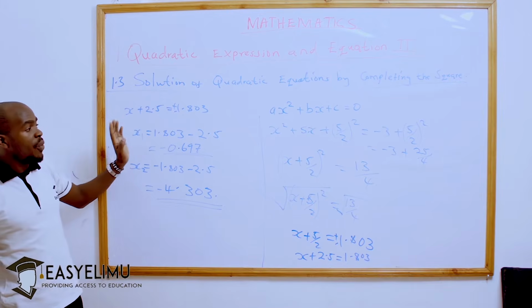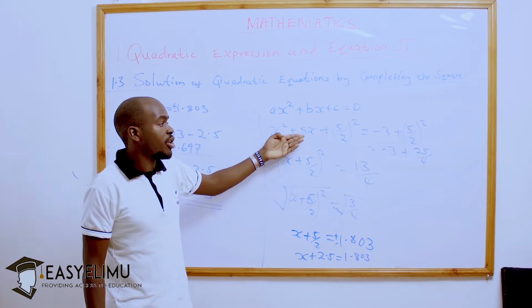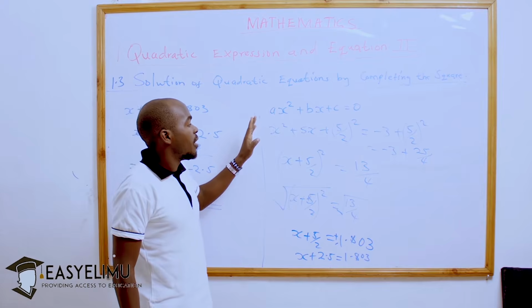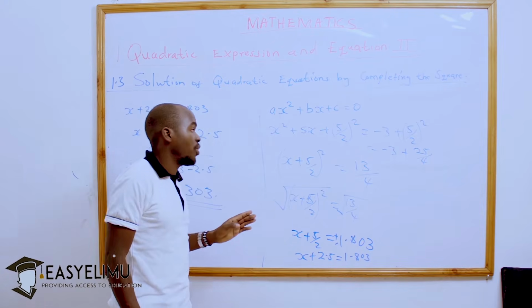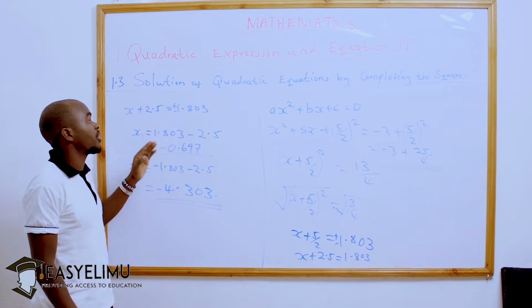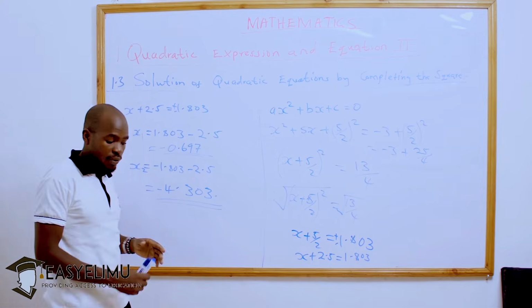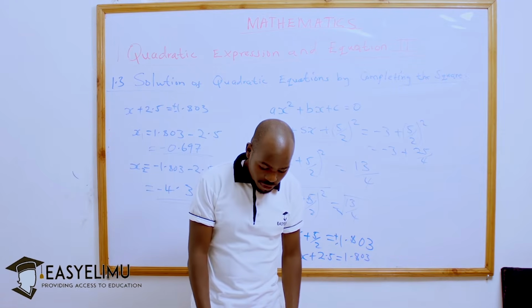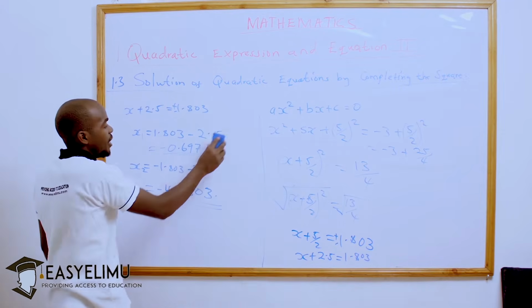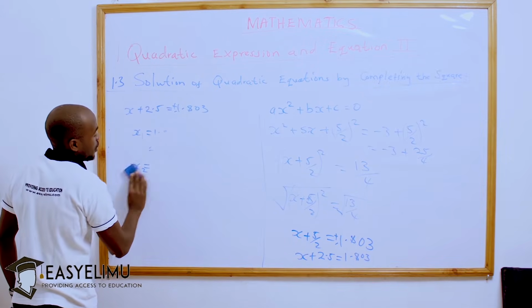And that one, the way we have solved by including b in each part of the equation, that's where we say we are solving quadratic equation using the square, completing the square. Now we can use it with every kind of expression, equations.